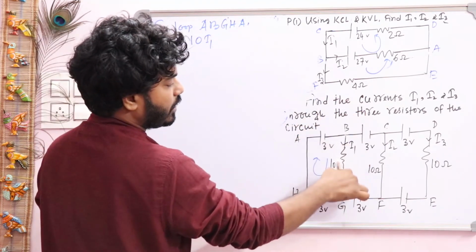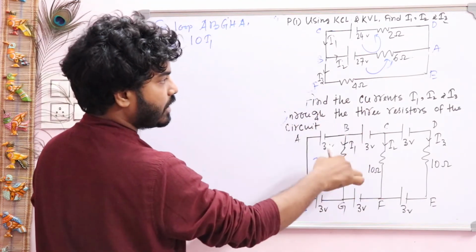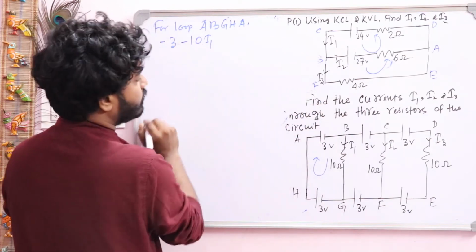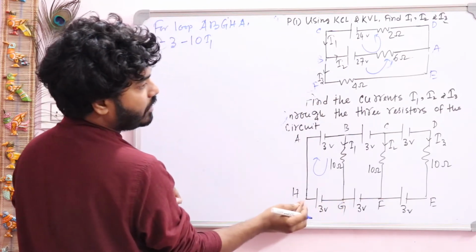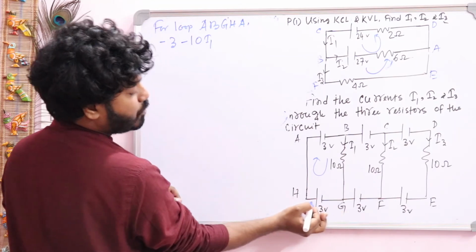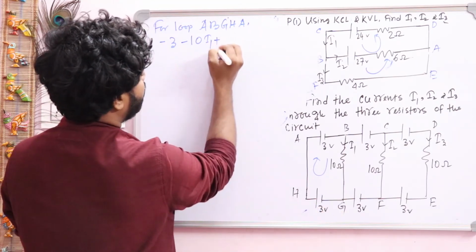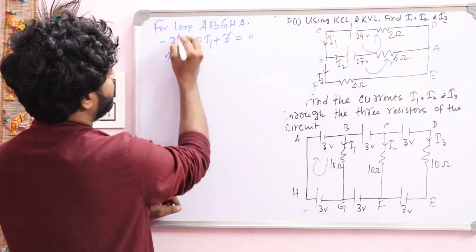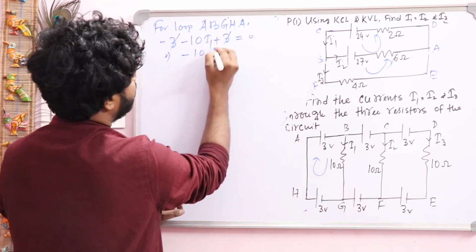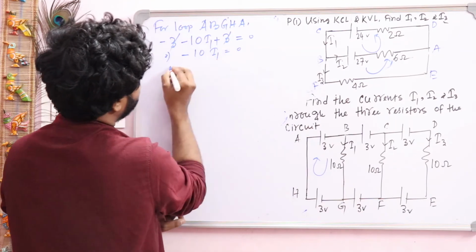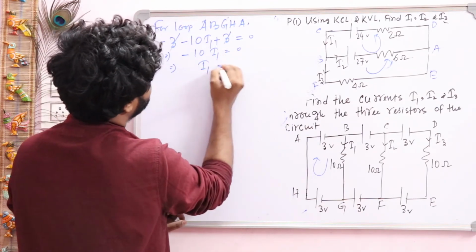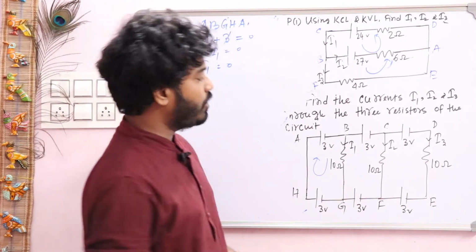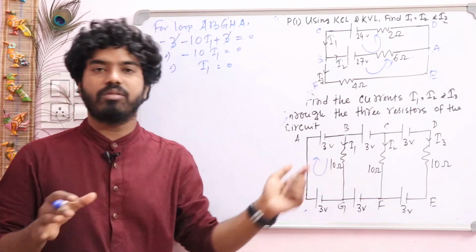Your direction this way, current direction also this way, same direction, that means negative. Now G to H, negative to positive, that means plus 3, that is equal to 0. So minus 3 plus 3 cancel out, that is minus 10 I1 equal to 0, which indicates I1 is equal to 0. So the value of current I1 is 0.